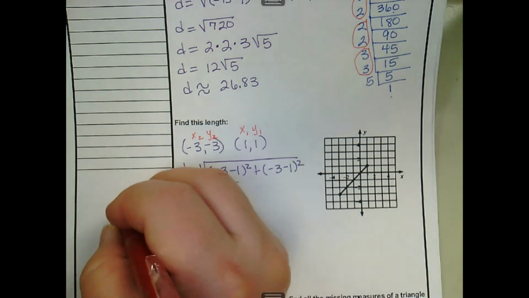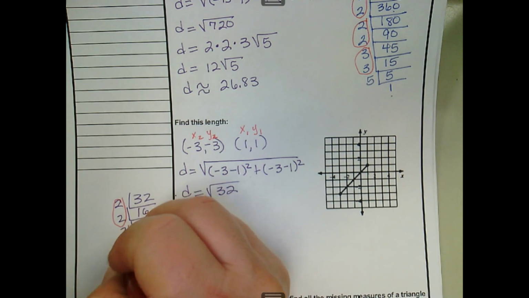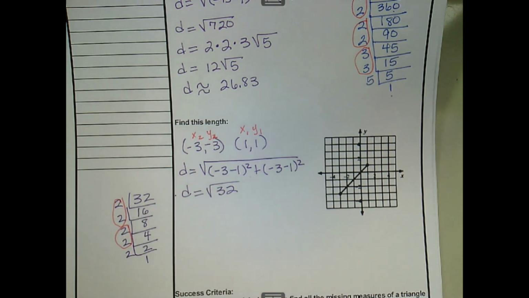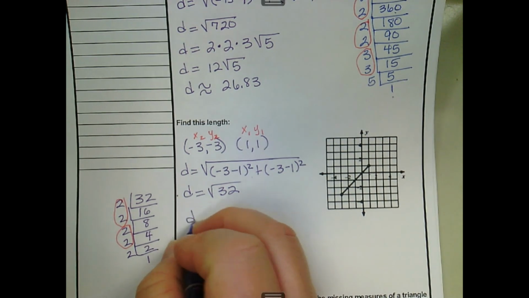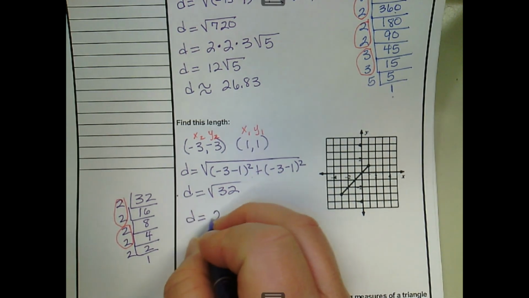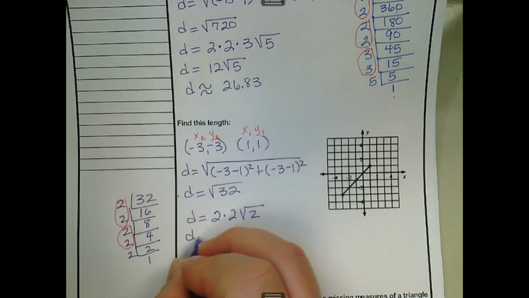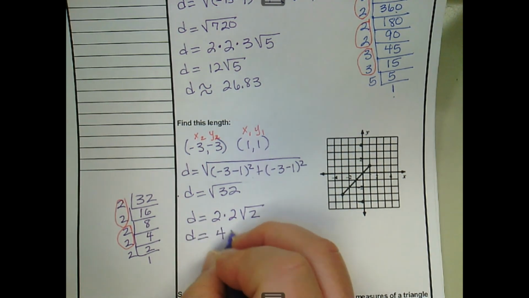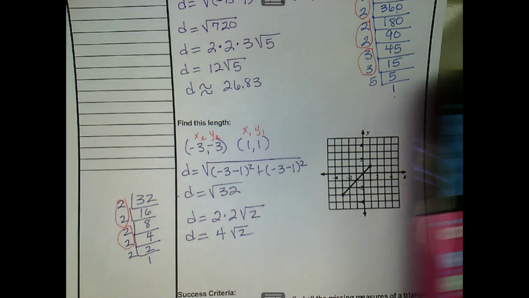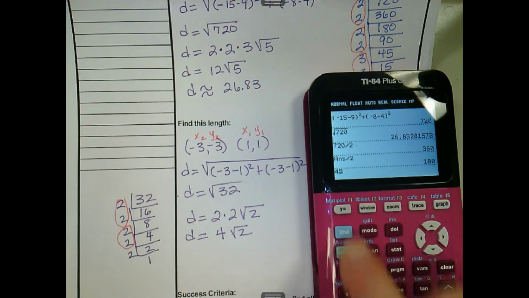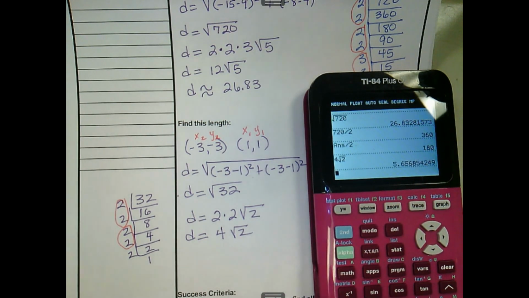So I've got 2 factors of 2. 2 times 2, square root of 2. So our distance is exactly 4 square root of 2. 4 square root of 2 is approximately 5.66.